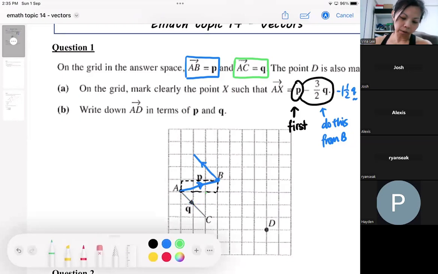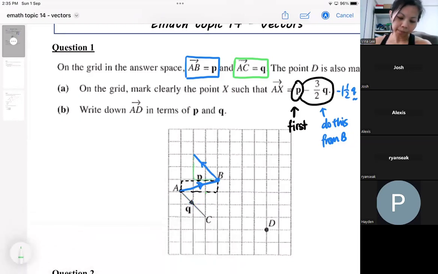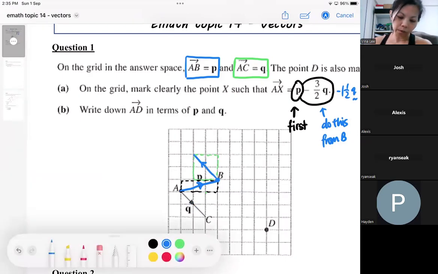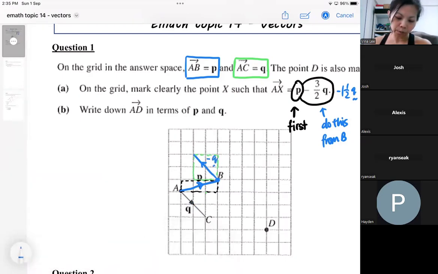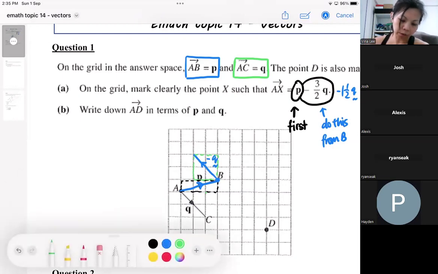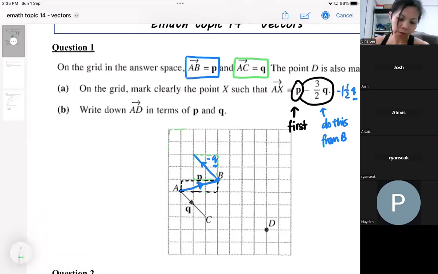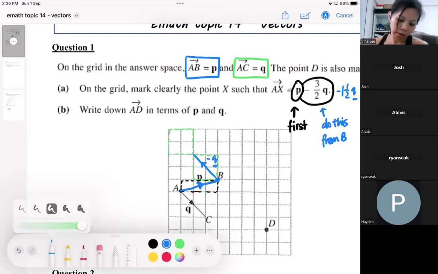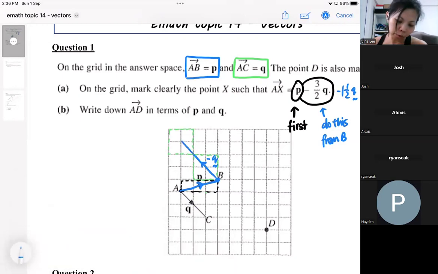Can you see this is also 4 squares? So this part is minus Q. I will need another half Q. Where do I get another half Q? I will count another 4 squares, but I only move until here.